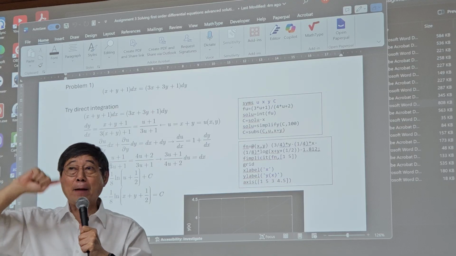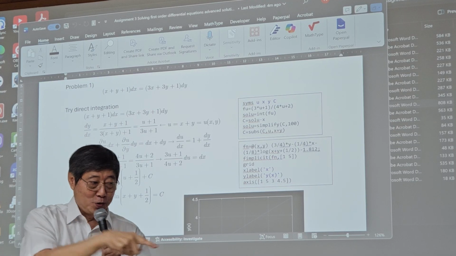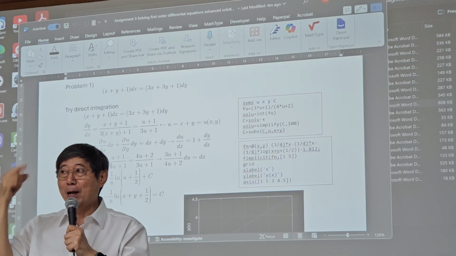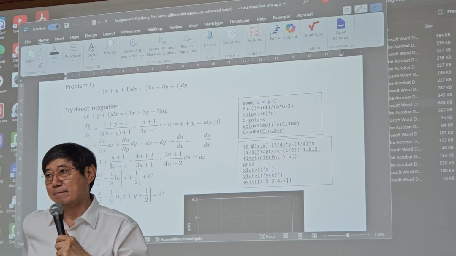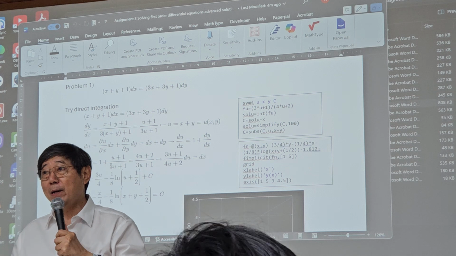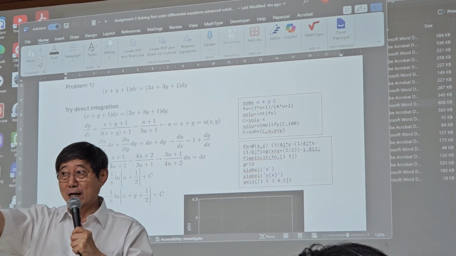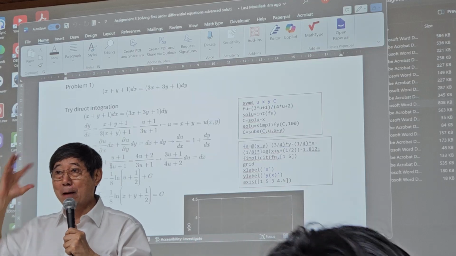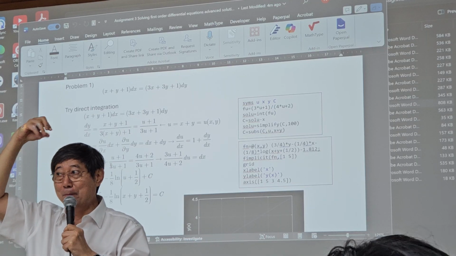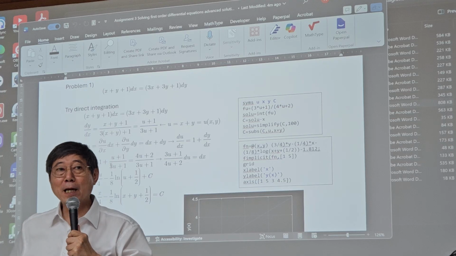You need to have some connection between those brain cells. Even though I have much fewer cells than you, my connectivity among the cells, my brain is much better than yours.